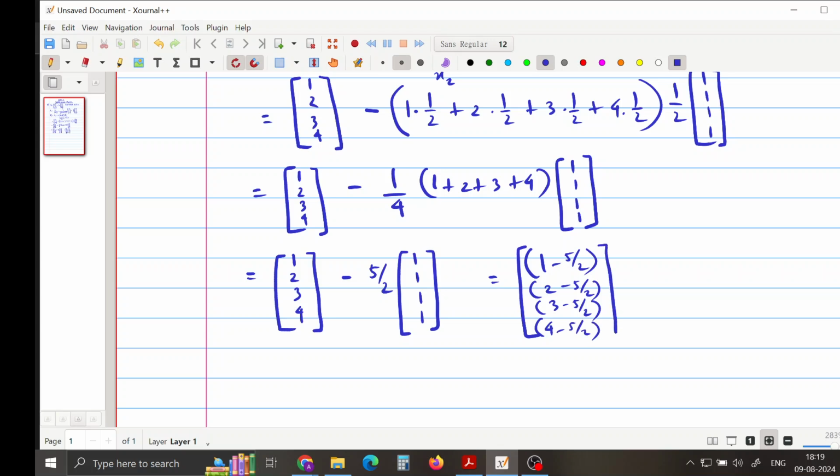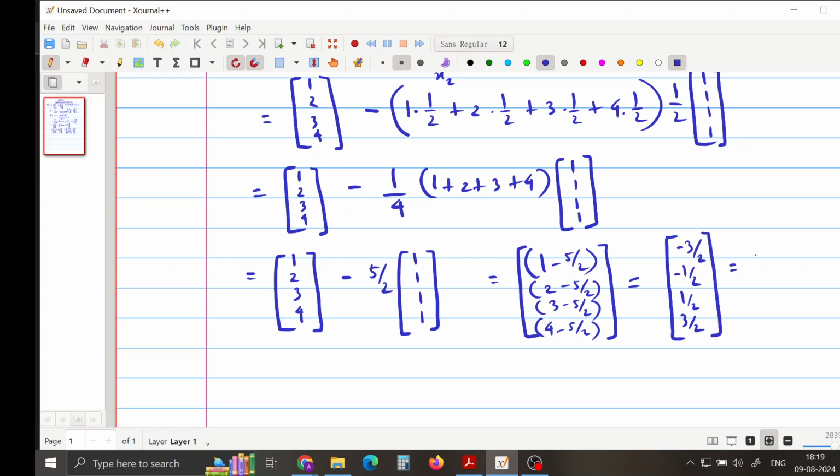Which is minus 3 by 2, minus half, half, and 3 by 2.